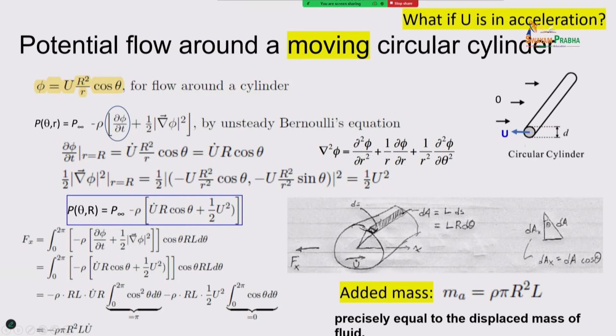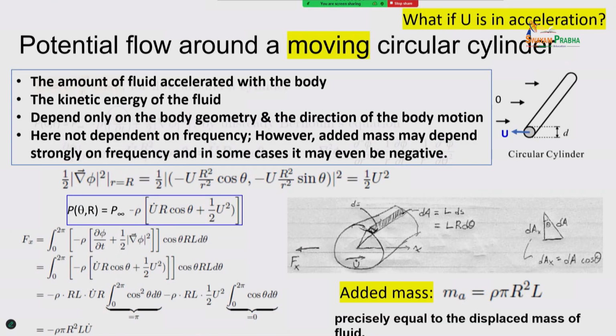You feel the force because of acceleration. For this cylinder, it will be exactly the mass of the water displaced by this cylinder. It doesn't matter whether the cylinder is copper or empty, or what kind of shape is inside. It's just the volume of the water.